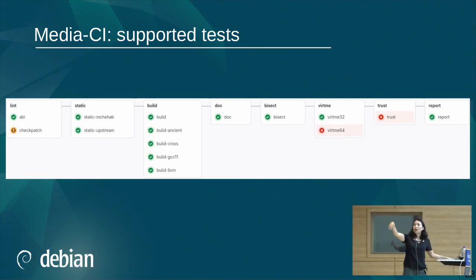It builds for different architectures, with different compilers. Then it builds the documentation. It checks for bisectability, just checking for bisectability about compiling. This virtme one is a wrapper for QEMU, so here it is executing tests inside a virtual machine.